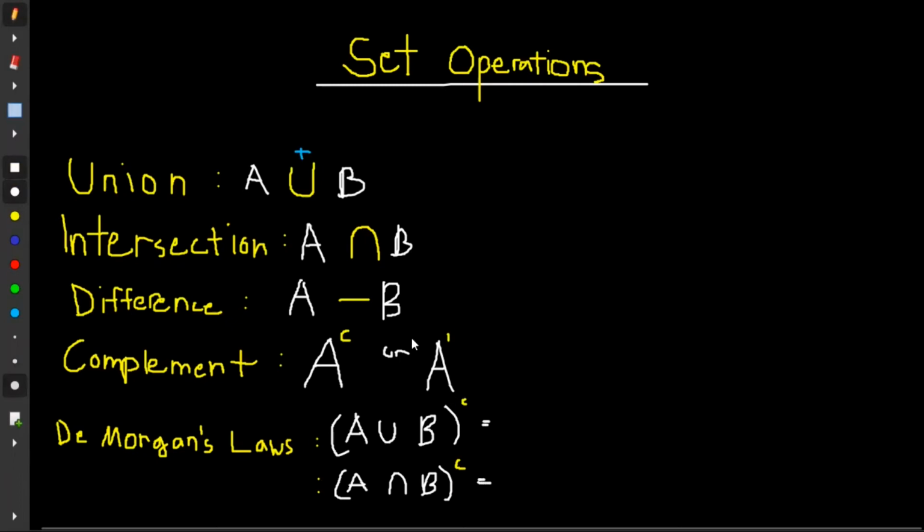The outcome for the first one is A complement intersection B complement. And the same goes for the next one, A union B with complements. As you can see, it's like we distribute the complement over the two sets, and the sign is reversed.